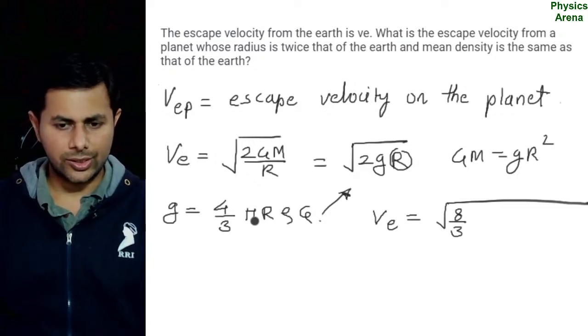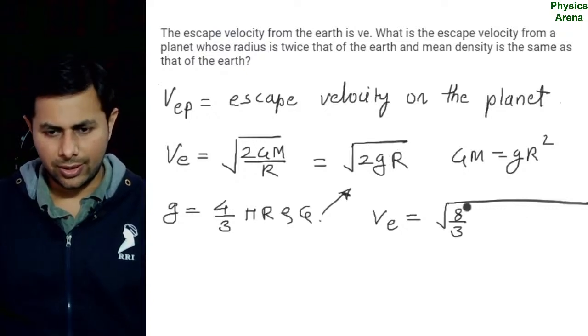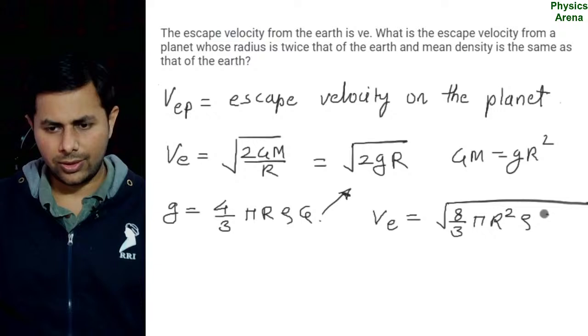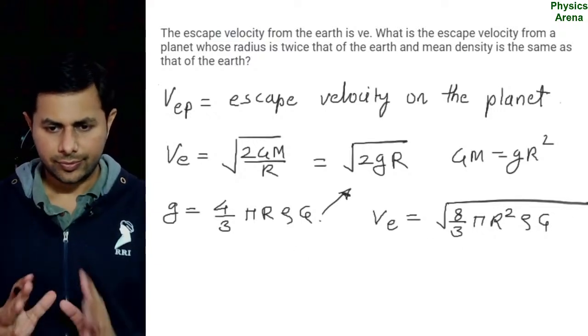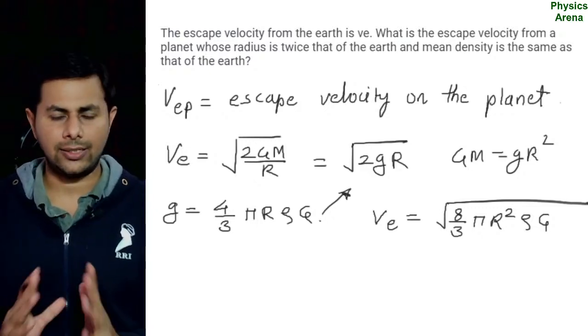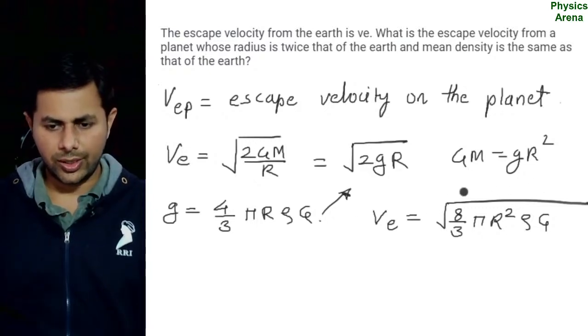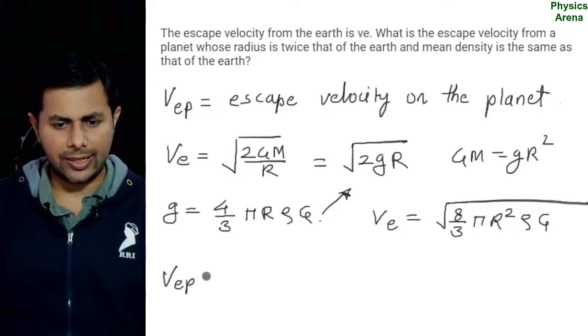All right, so it is 4 by 3 pi r rho G multiplied by r. So we have r times r, so it is r squared. So pi r squared rho into G. Okay, we can take r outside, but for time being I will keep it like this only. So this is for earth, and what will be escape velocity for that planet?